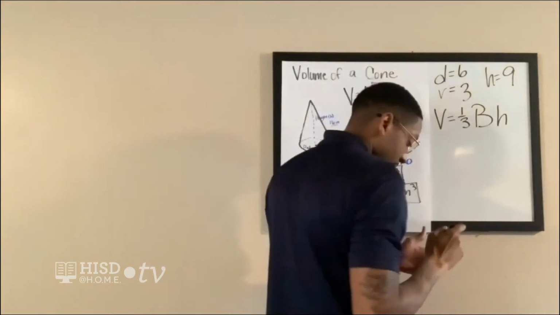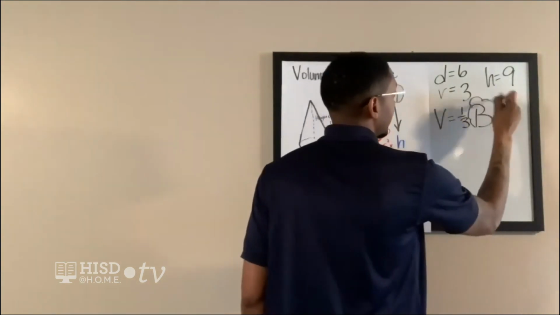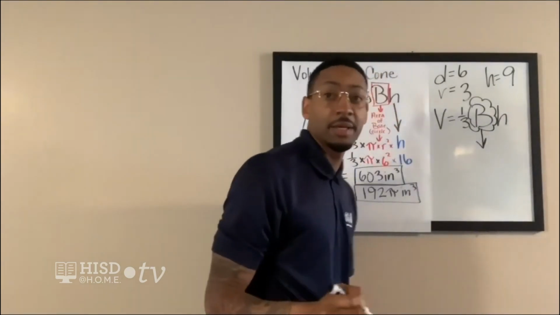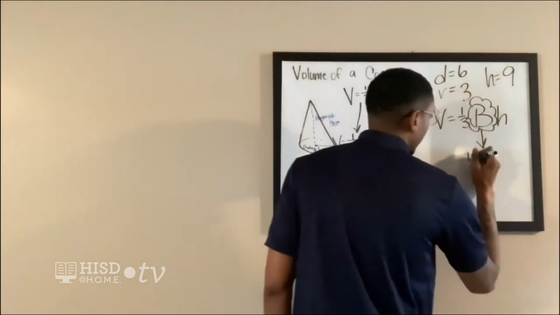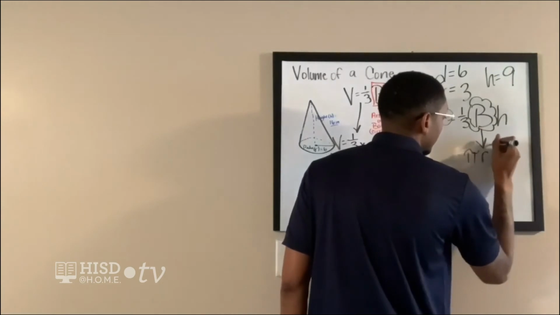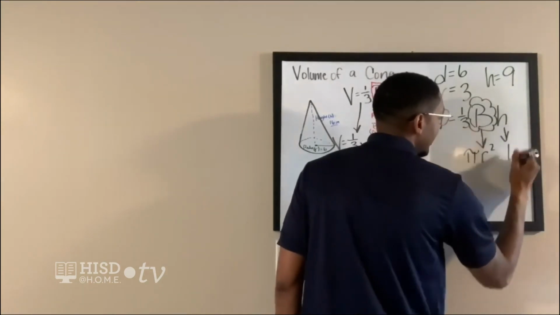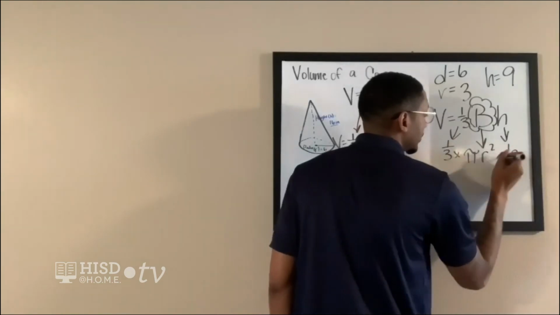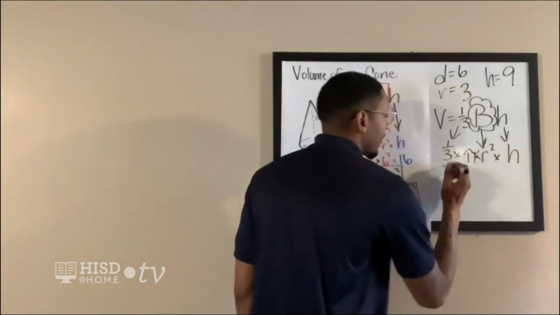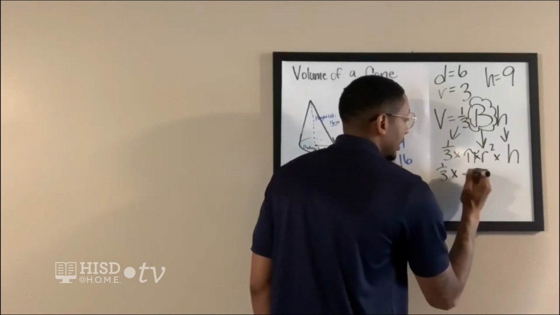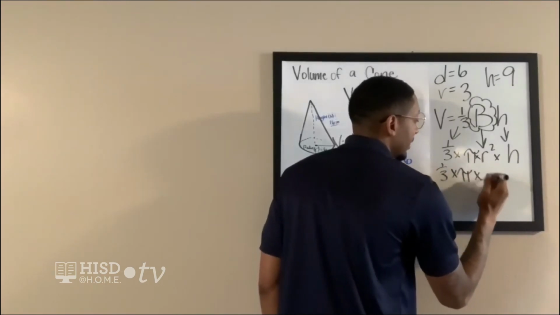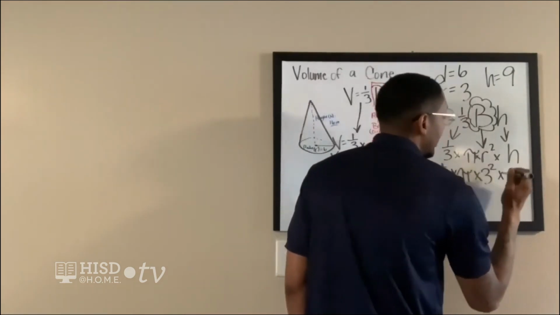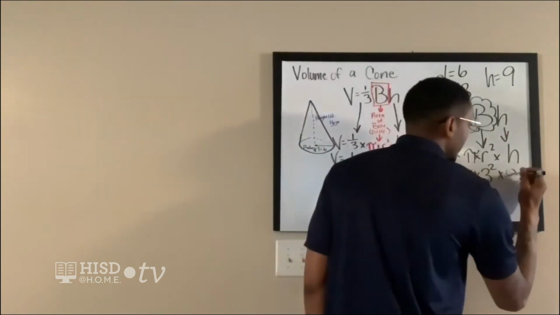And remember that area of the base, big B, we put what in its place? Pi R squared, exactly. Bring down the H and bring down the 1/3. Now we have 1/3 times pi times the radius, which is 3 squared, times the height, which is 9.